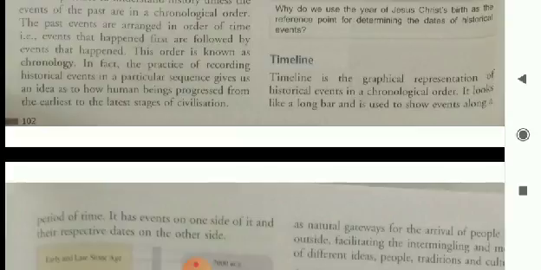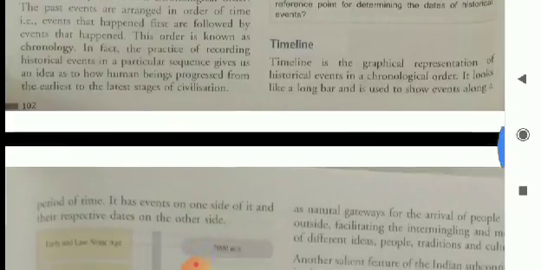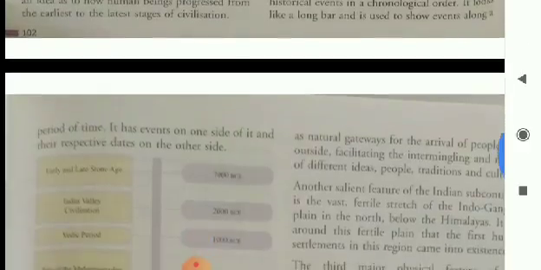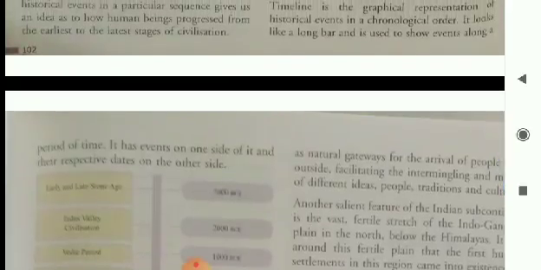This order is known as chronology. In fact, the practice of recording historical events in a particular sequence gives us an idea as to how human beings progressed from the earliest to the latest stages of civilization.